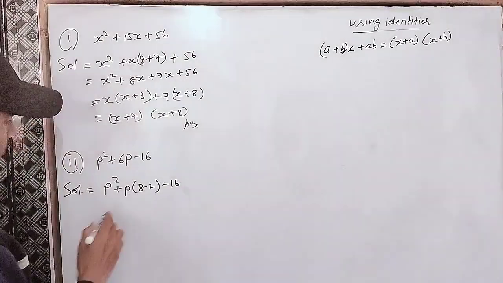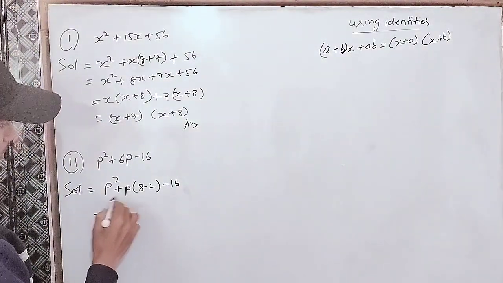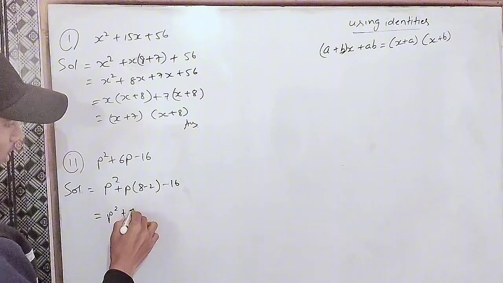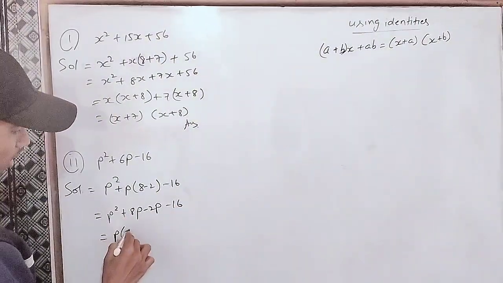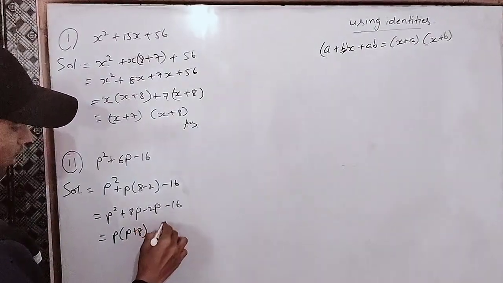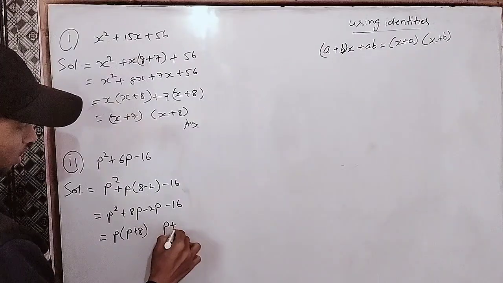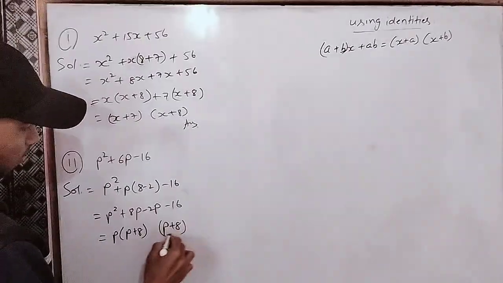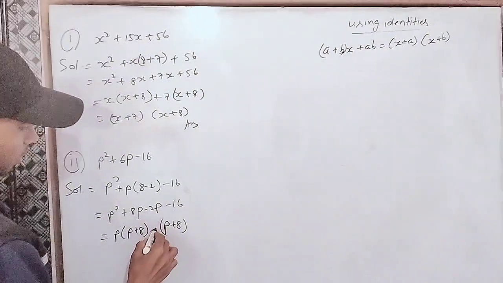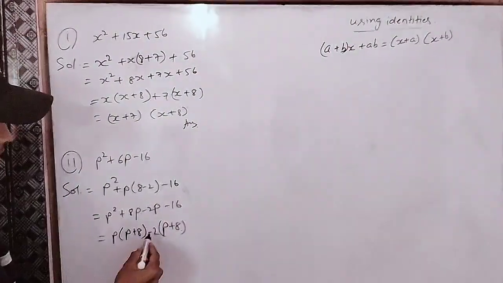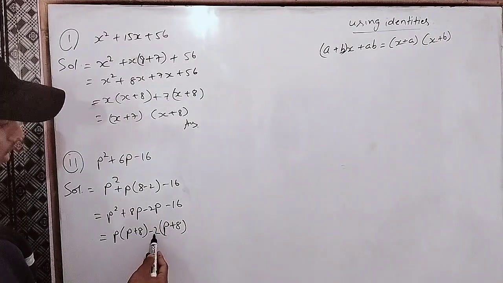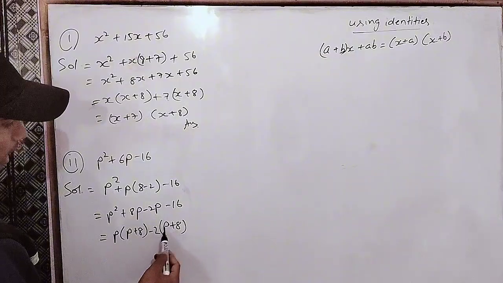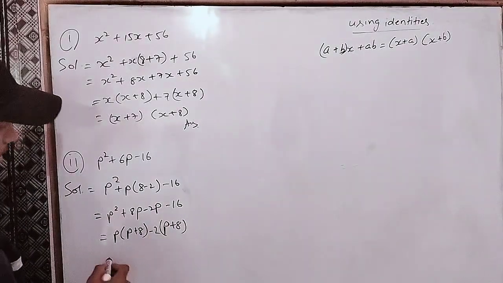One second. We will write p square plus 8p minus 2p minus 16. p is common, and then it can be written as p plus 8. Then minus 2p and minus 2 times 8 is minus 16.